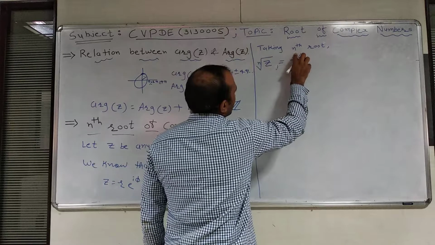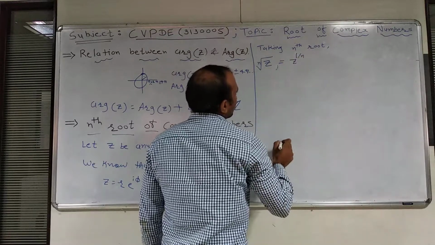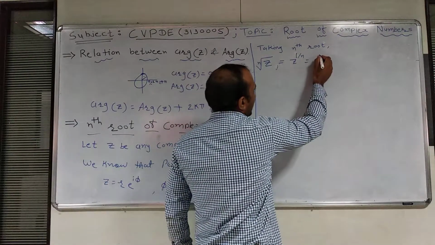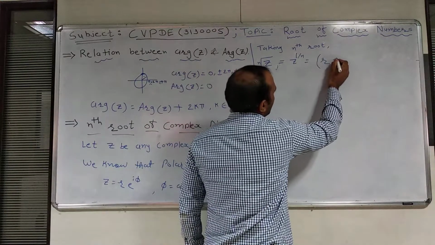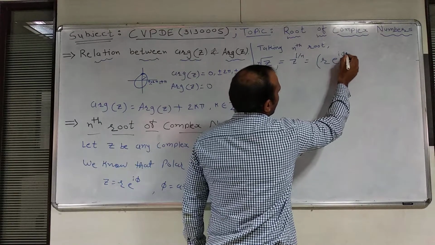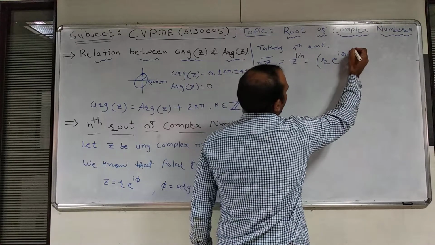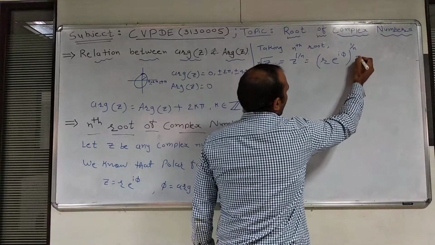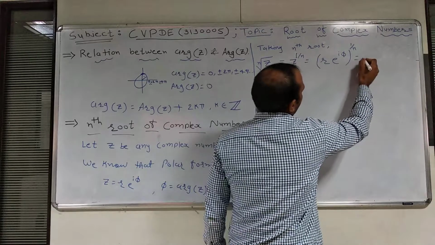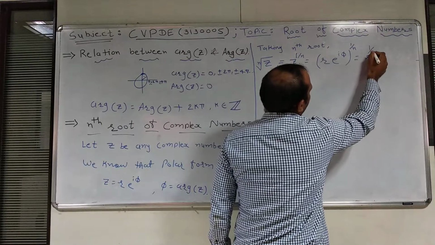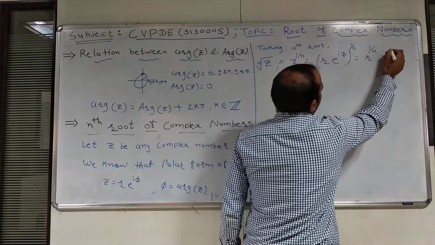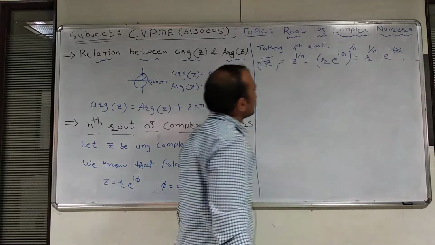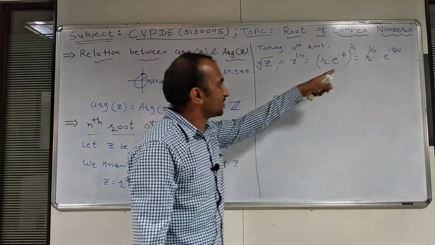Putting in the polar form, this equals R e raised to i phi, all raised to 1 upon n, which equals R raised to 1 upon n times e raised to i phi by n. So the nth root of Z is this.